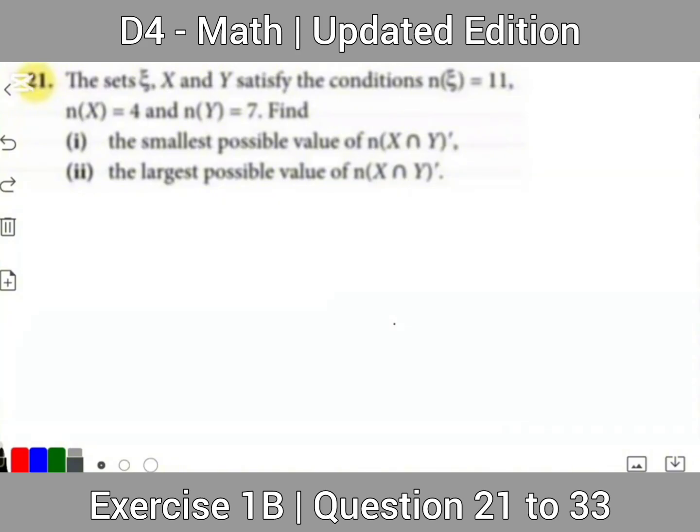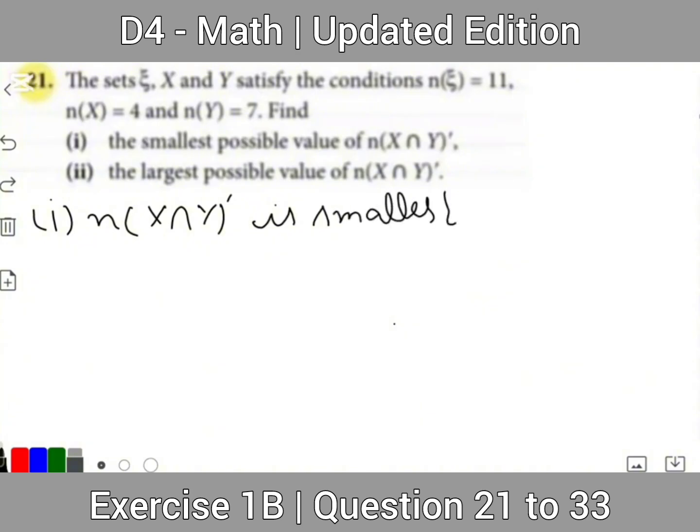Since in part 1, n of (X intersection Y) whole complement is smallest when n of X intersection Y is largest.